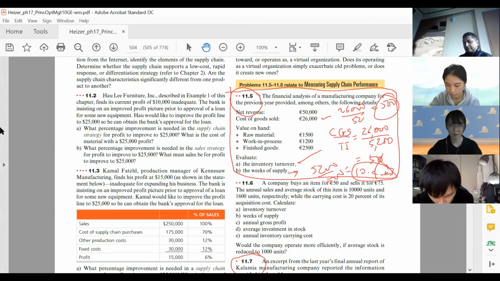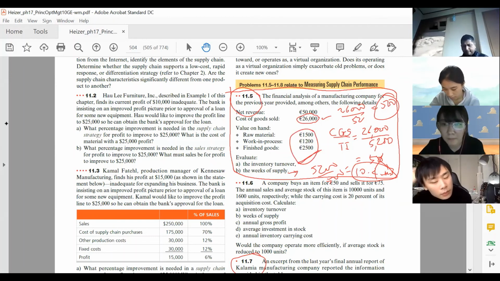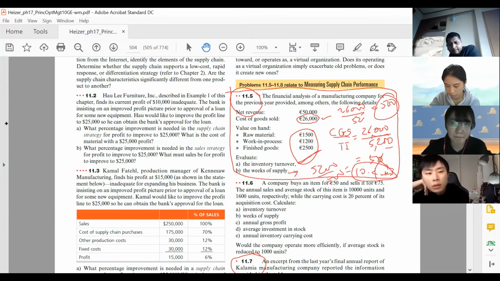So the inventory turnover is the cost of goods sold divided by the average inventory. It is actually 26,000 divided by 5,200, which is 5. So inventory turnover is 5 times.